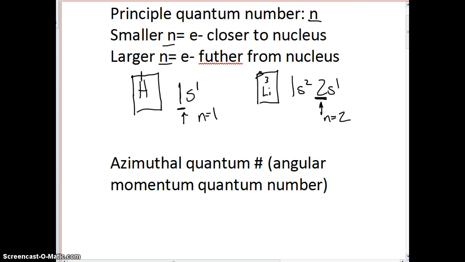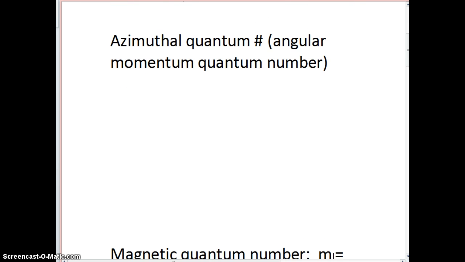Pretty straightforward. The next one we call the azimuthal quantum number, or sometimes called the angular momentum quantum number. They're kind of used interchangeably. And this has a designation of lowercase l. This one describes orbitals.